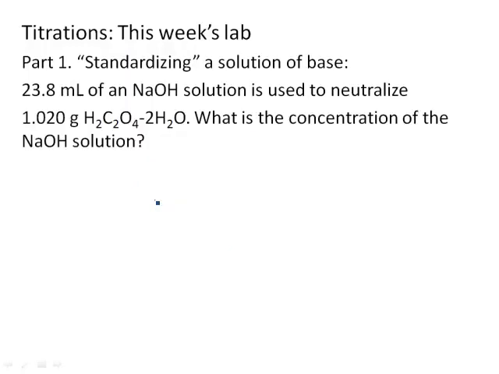Okay, so here's the way your lab was working. Your lab had two parts. The first part is you made a roughly 0.5 molar NaOH solution. But you didn't know exactly what that was because you just made it up kind of crudely. The NaOH we gave you, which was around 3 molar, was not exactly 3 molar.